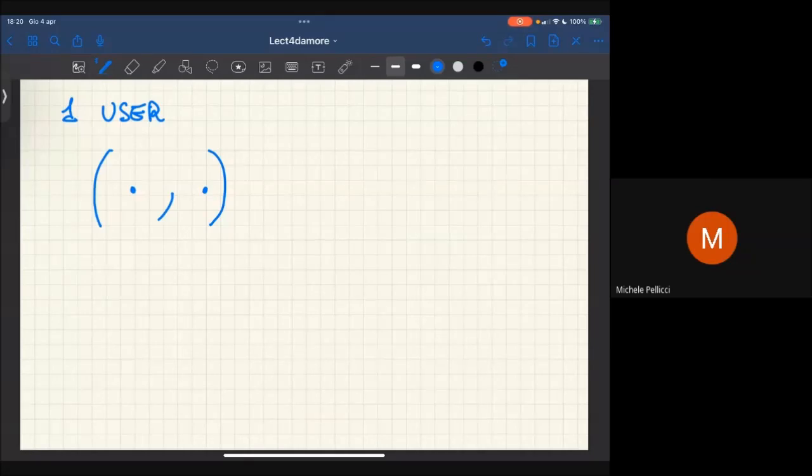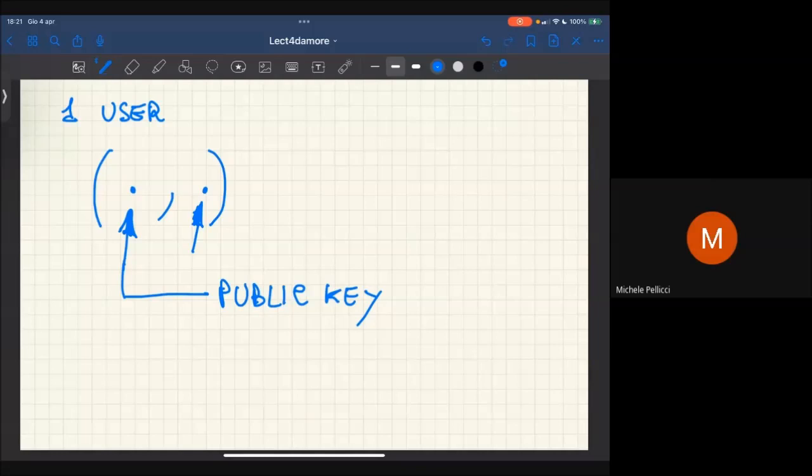In our case, it is a pair of keys, enclosed in parentheses. What is important is that the two keys have special names. One key is called the public key. The other key is called the private key.